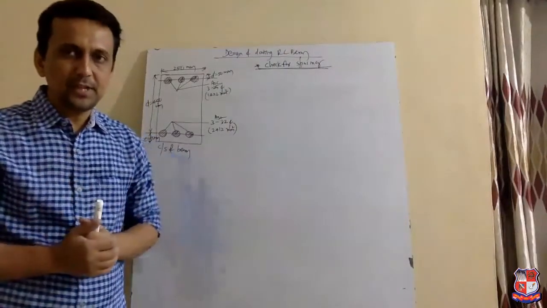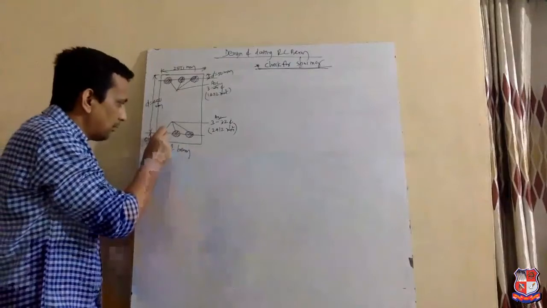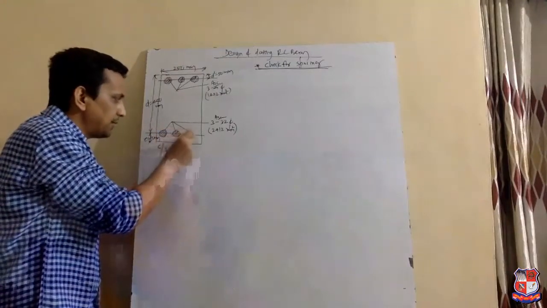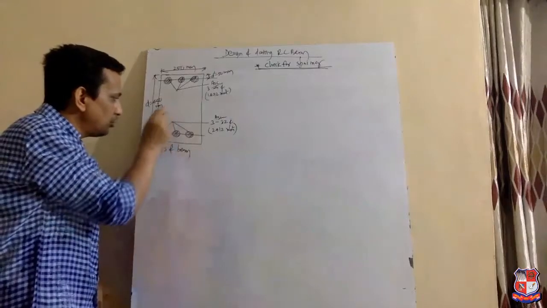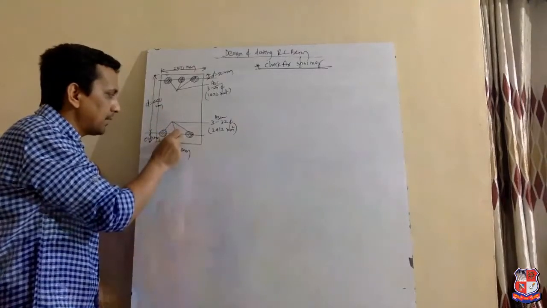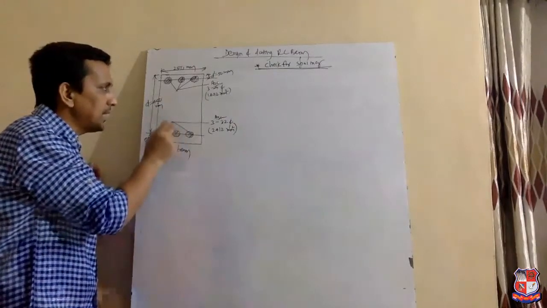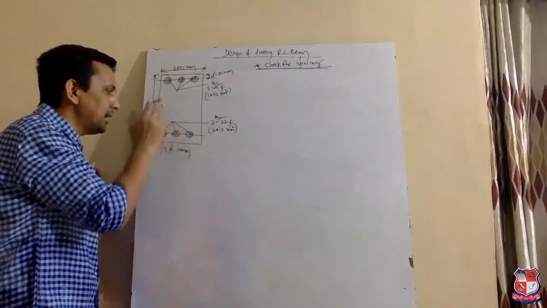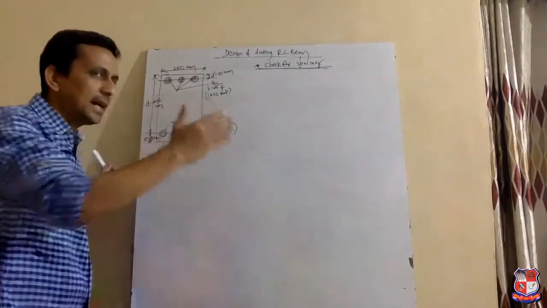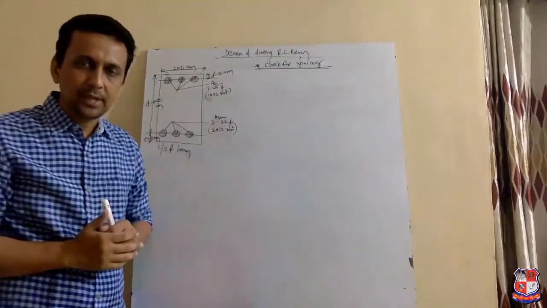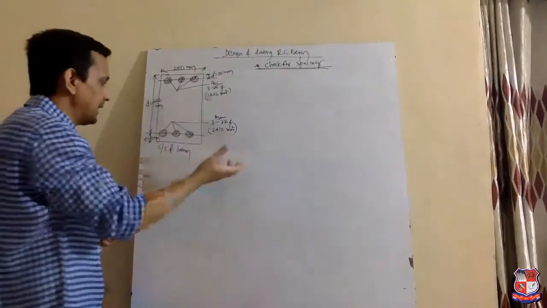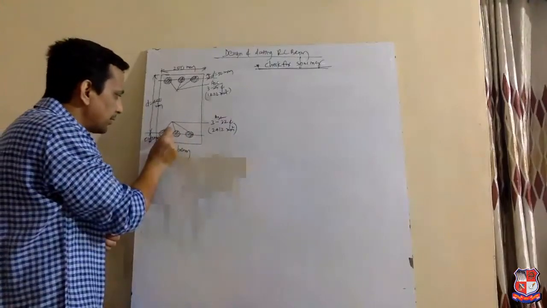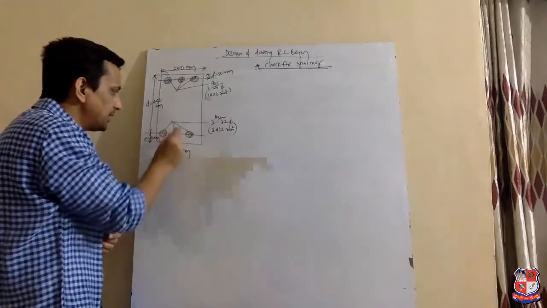Check for spacing means, whatever reinforcement we have provided, between two reinforcement bars, what is the spacing, and does that spacing satisfy the IS criteria or not, right? So for that, first we need to find out the spacing of the individual bars.